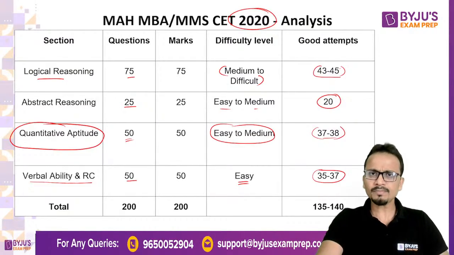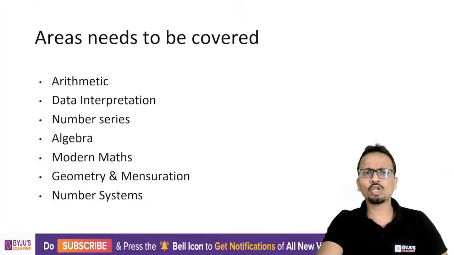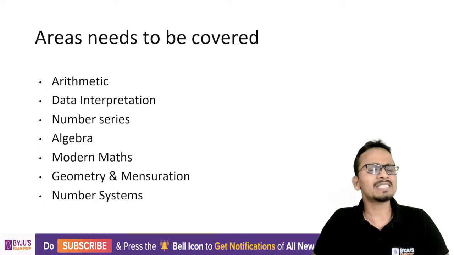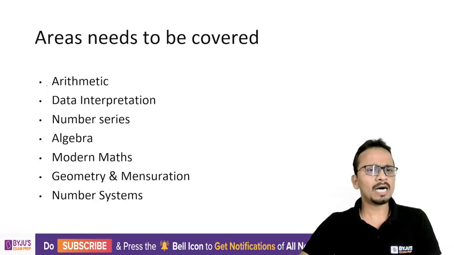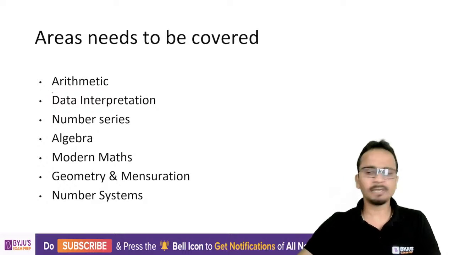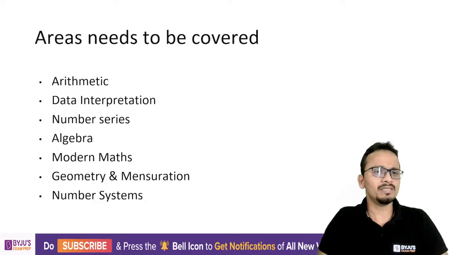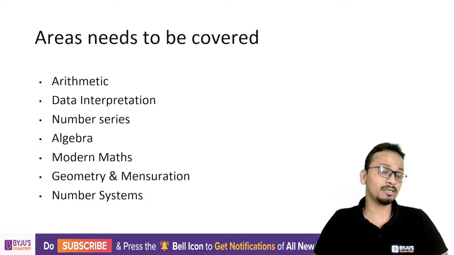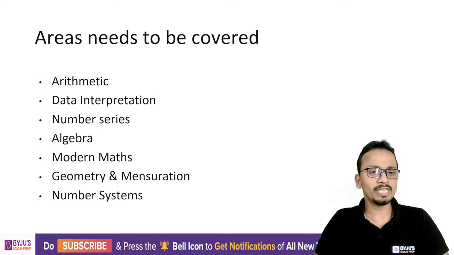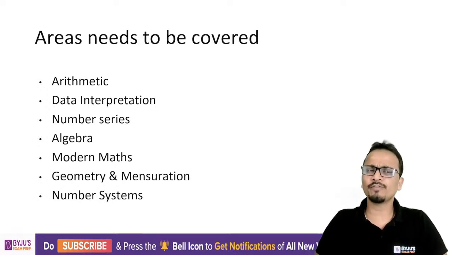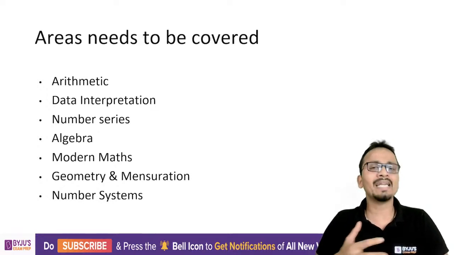Okay, now moving ahead, let's talk about the different areas that need to be covered. Arithmetic and data interpretation have always been the majority; the questions have been coming from these two areas mostly.